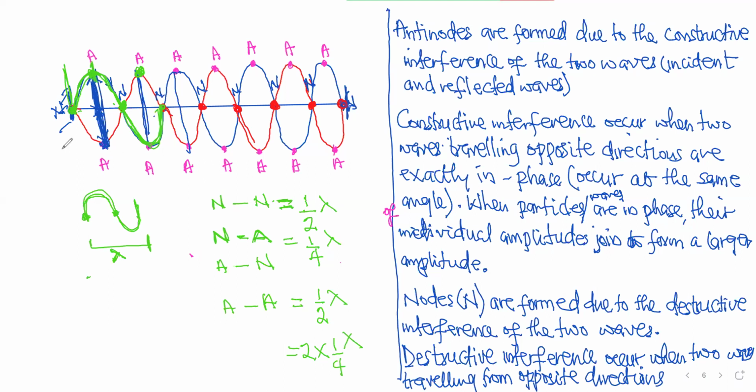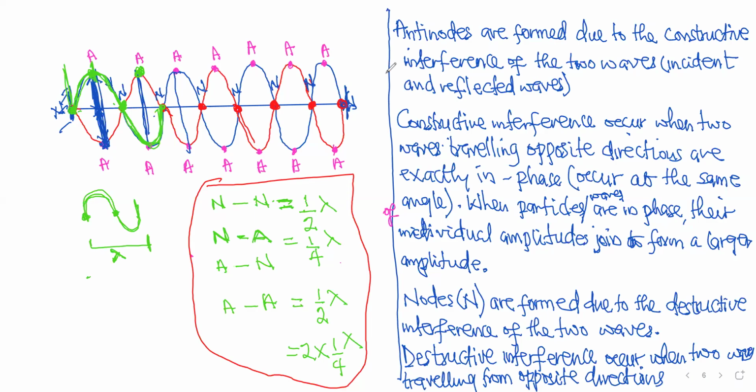This is very, very important in stationary waves. We'll be using this in solving problems. So take note of the wavelength of successive nodes, a node to its adjacent antinode, and successive antinodes as well. Please, is there any question? If there is any question, quickly ask before we continue.